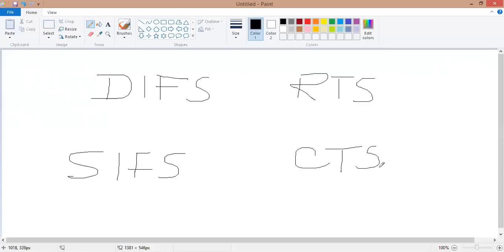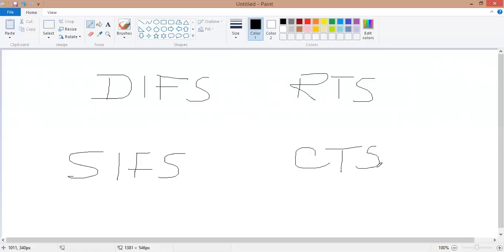Now, what is exactly DIFS? After the station is found to be idle, the station waits for a period of time, that is called DIFS. Then the station sends a control frame, that is known as our RTS.